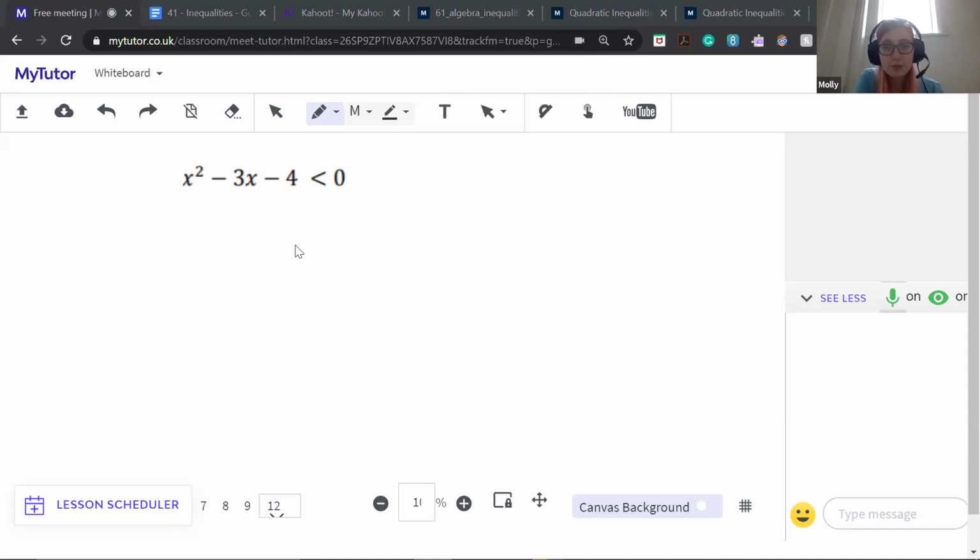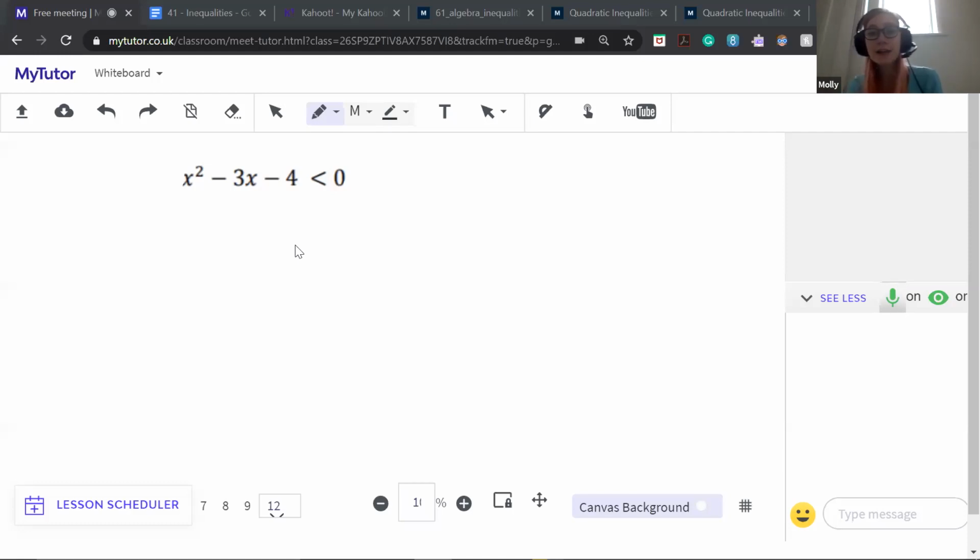A couple of people have got it already. Yeah, awesome. Someone said, is this the hardest that it goes? Yes. These ones are hardest, where you have to factorize and then do it. Inequalities wise, I don't think it could get worse than this. Not that this is bad. I don't mean to make it sound like these are impossible. But if you can do these, you're super, super set.